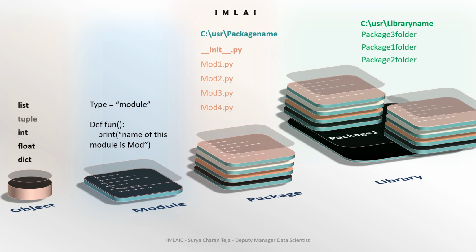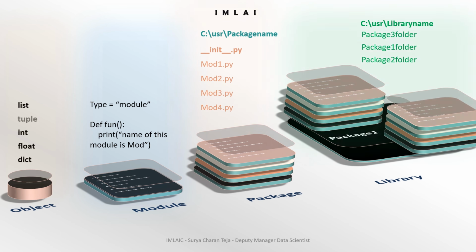a general library, an object for you is an alphabet. A module is nothing but, using these objects, you have written statements, some sentences. Using these alphabets you have written some sentences and then a paragraph, and you have put that paragraph into a page, a single page.